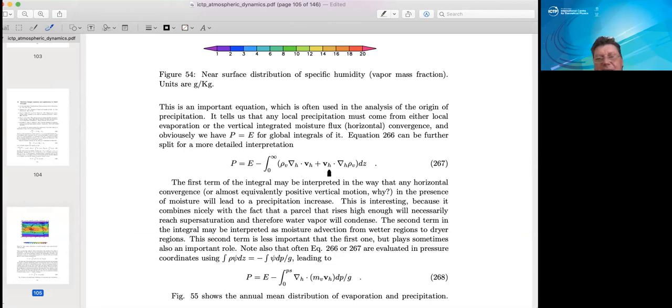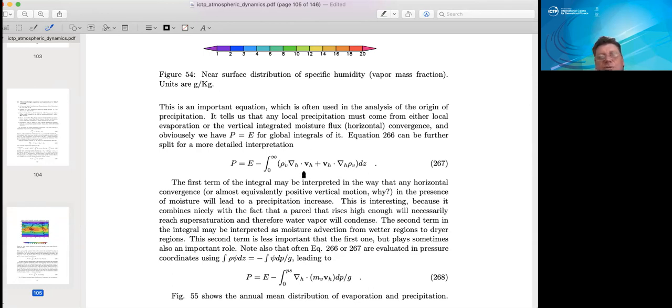But there's another mechanism here. The second term can be occasionally important, and it can be interesting to work out which of these terms are relevant. If you find there is a local rainfall response, let's say to the El Nino phenomenon, you want to understand what this is due to.